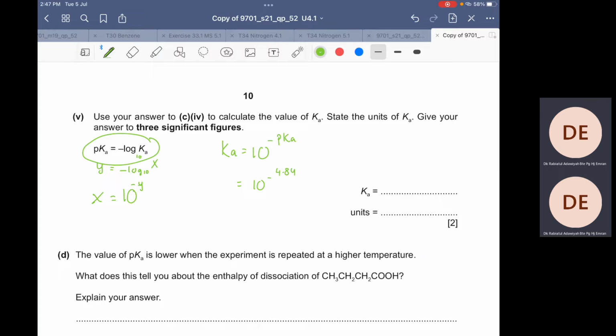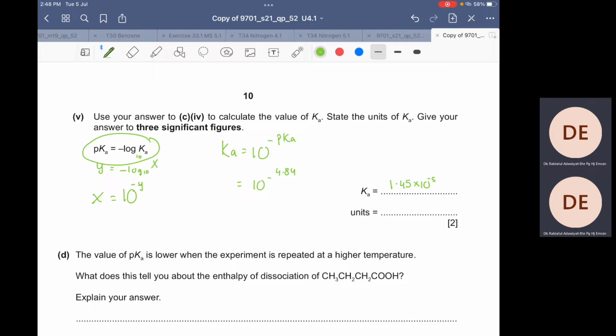So it should be 10 to the minus 4.84, which is 1.45 times 10 to the power of minus 5. Get that? Yours is probably something different. 1.5 times 10 to the power of minus 5? Yeah? Is it within that range, or is it something odd?